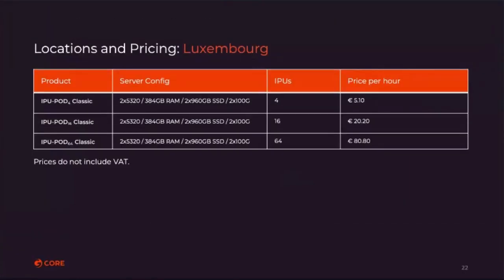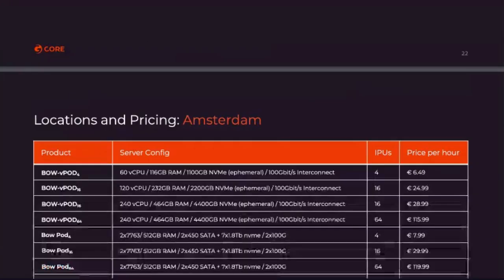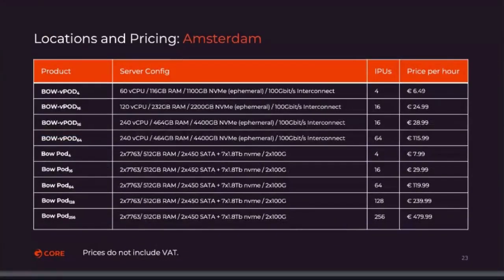From the pricing perspective, we have pricing for the Luxembourg region, where we provide the classic pod system, with a starting price of €5.10. For the Amsterdam location, next slide, you can see the different models and types which we provide to our customers.